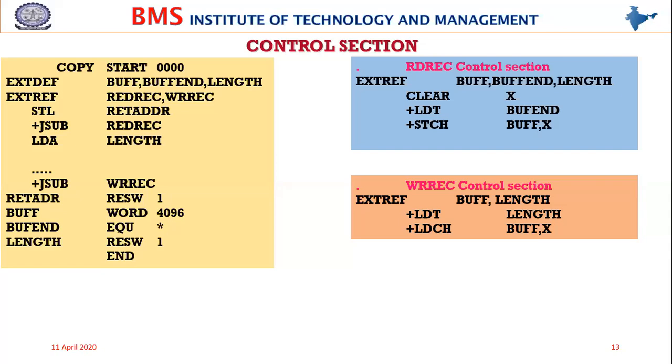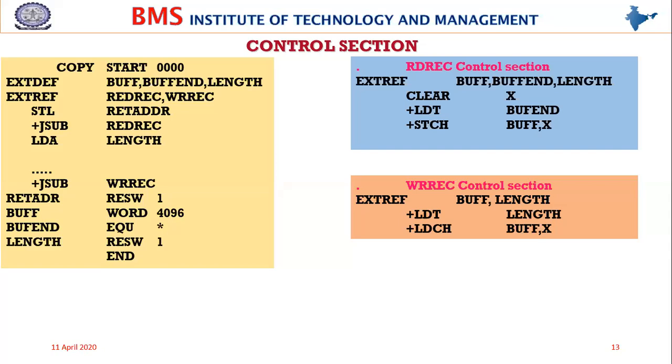So this is the default control section, and you can see that RETADR, BUFFER and BUFEND are declared either as declarations or using symbol defining statements in the current control section, right? And even LENGTH is declared in the current control section.